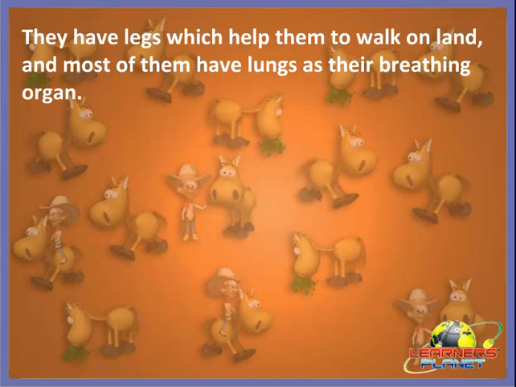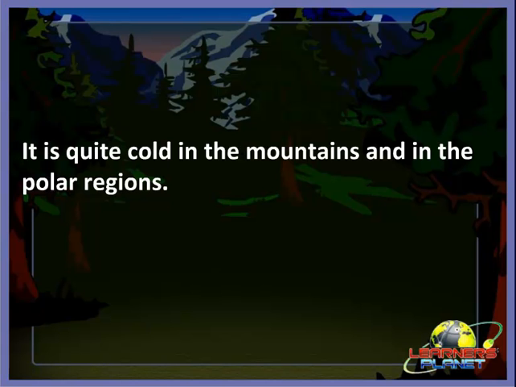Alright. So children, on the basis of this, we can also say that the conditions on the land also vary, right? For example, it is quite cold in the mountains and in the polar regions, as you can see here in this picture, right? This is a picture of the mountains.